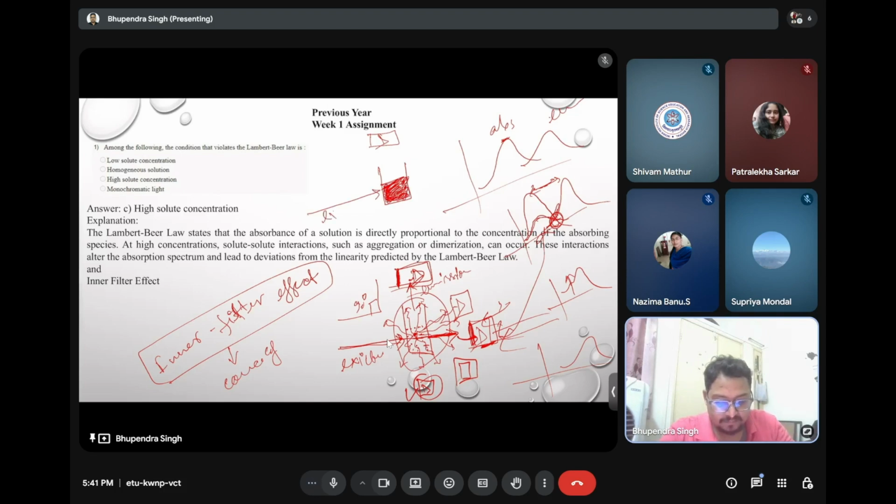This is your tungsten bulb. This is glowing. Let's say light is going here, excitation. Now tell me what will happen.